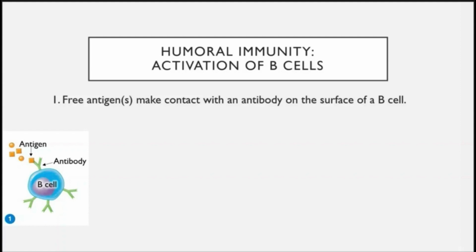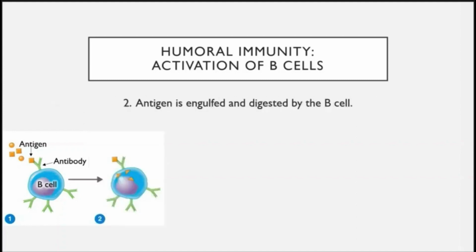If that B cell happens to win the antibody lottery, and as it's floating around in the body, it finds an antigen that matches its own special antibody, then it will make contact and bind to that antigen. Next, the antigen is engulfed and digested by the B cell.